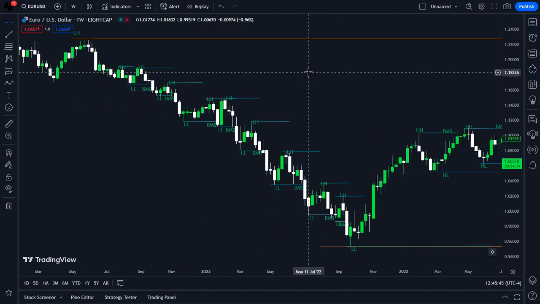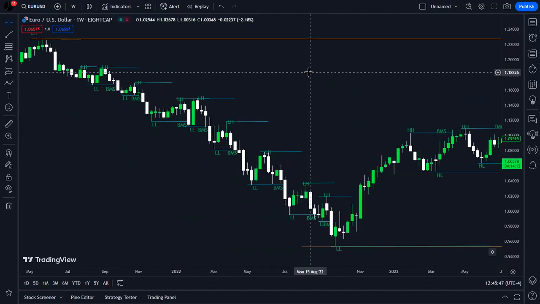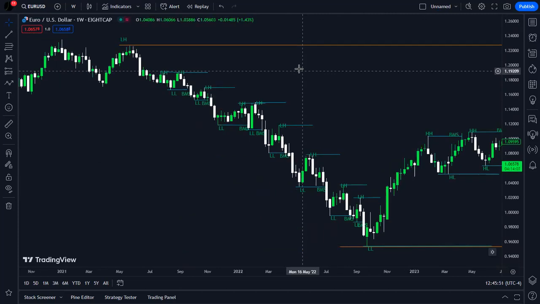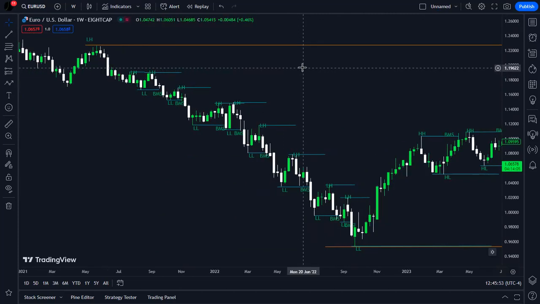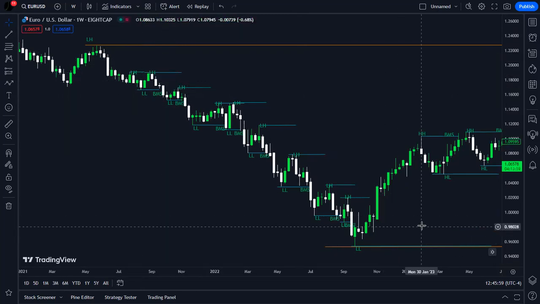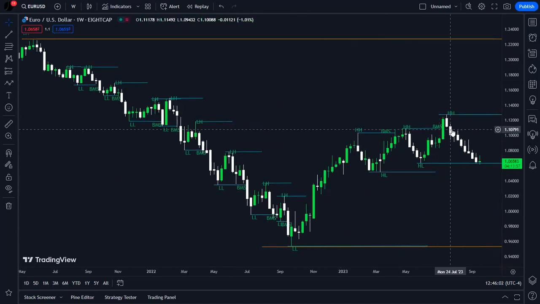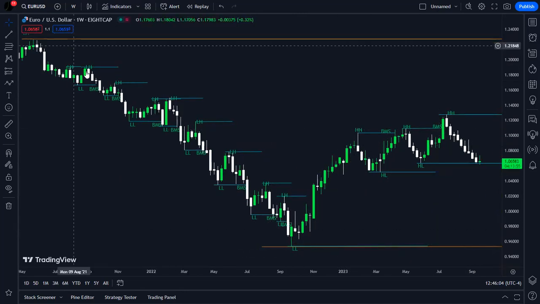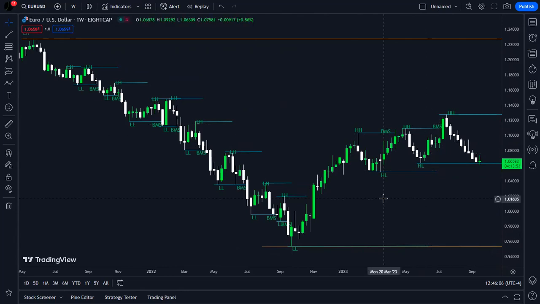I hope someone has learned the introduction in market structure. Please, I would urge everyone to go back and mark this chart, just from where I have marked it, the bearish, the bullish. That's practice. Please make sure you practice.